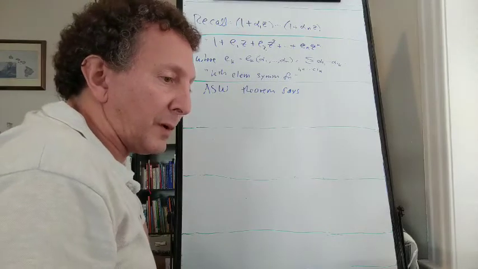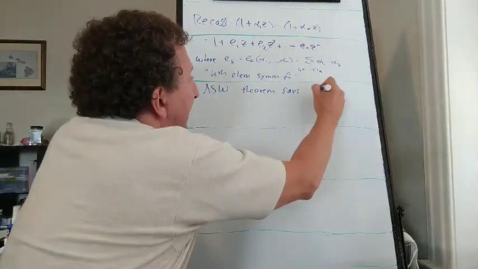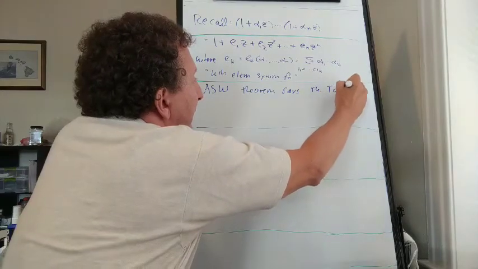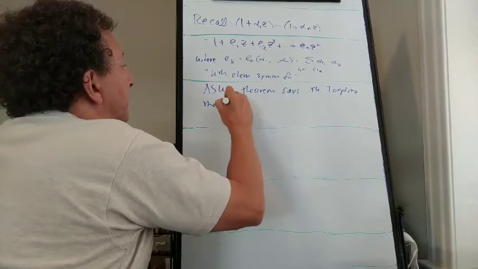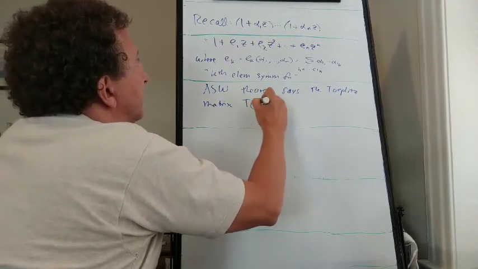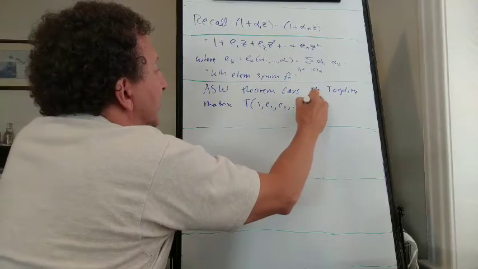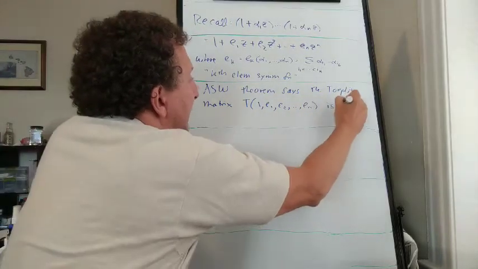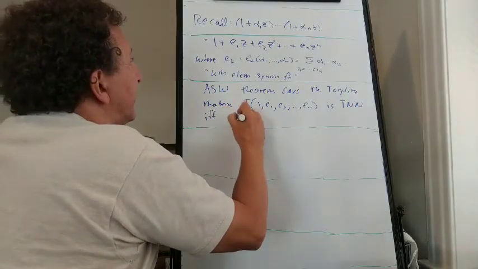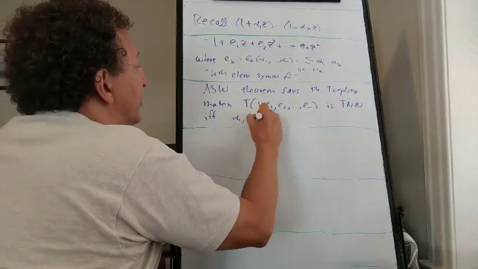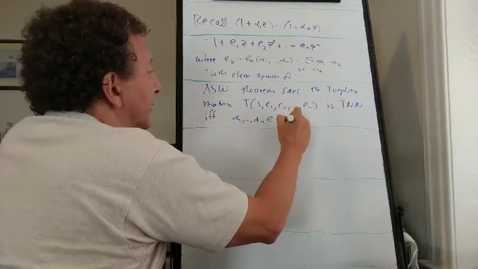Now the Aissen-Schoenberg-Whitney theorem says that the Toeplitz matrix T of 1, E1, E2 up to En is totally non-negative if and only if alpha 1 through alpha n are real and non-negative.